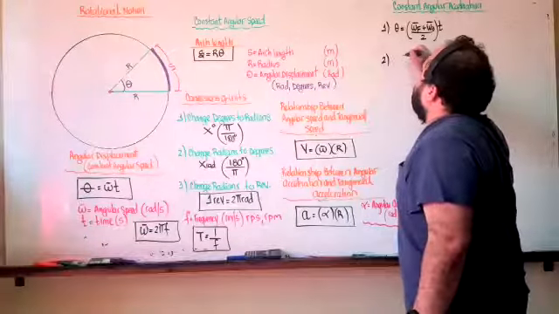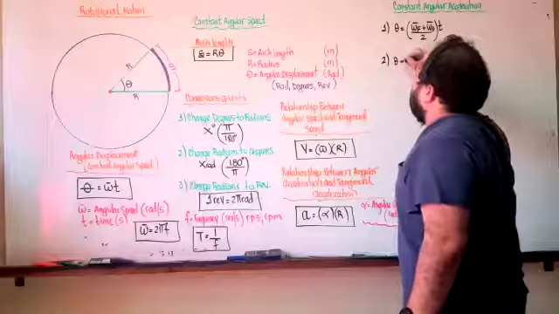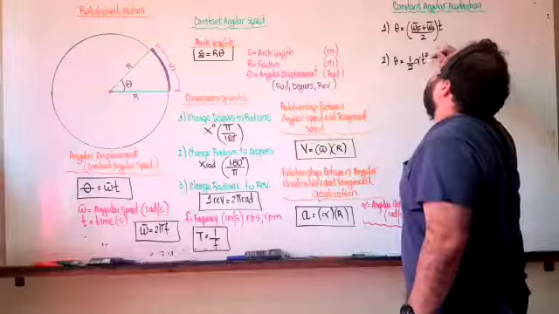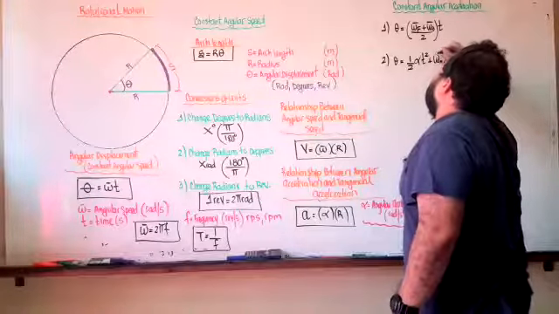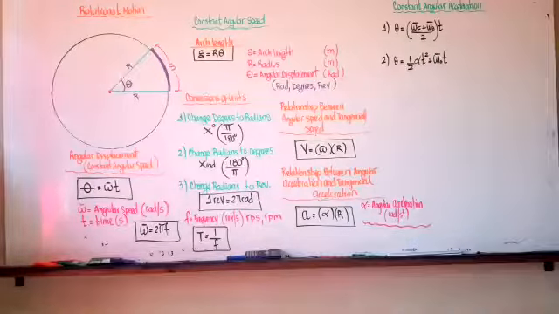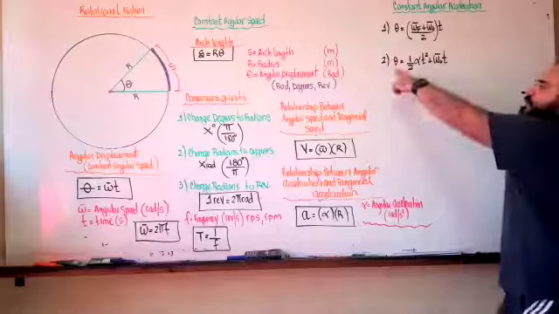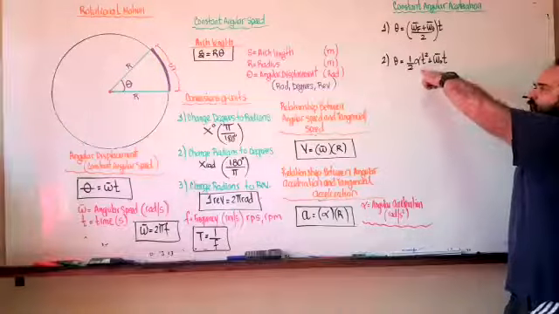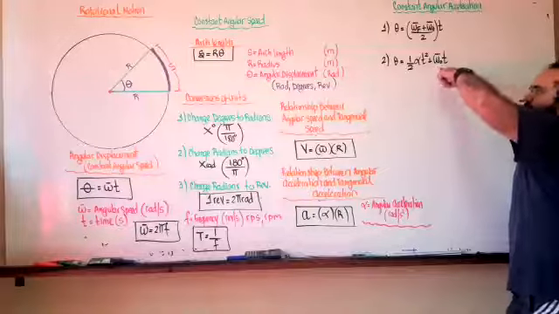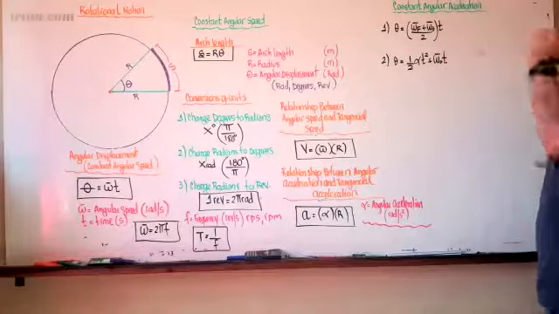The second one: theta equals 1/2 alpha times t squared plus initial velocity multiplied by the period of time. If you compare these two, they are so similar to uniform acceleration. The changes: instead of distance, theta; instead of a, alpha; and instead of v sub zero, omega sub zero.